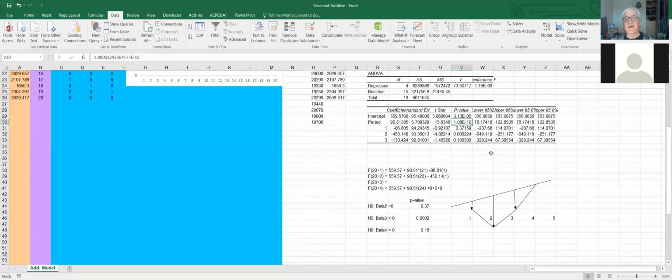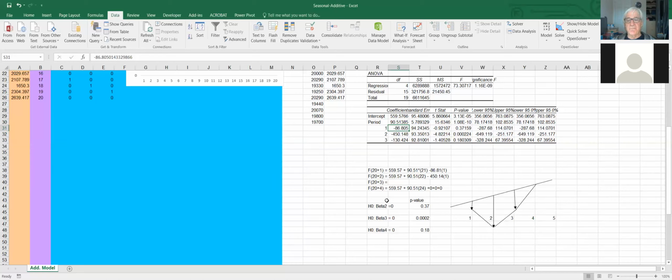Now you can say that the number 90.51 represents the average increase of the time series per period. This is why we do the test. Then comes the number negative 86. Don't be confused. I'm testing to see if it's true that a seasonal adjustment is needed in season number 1.